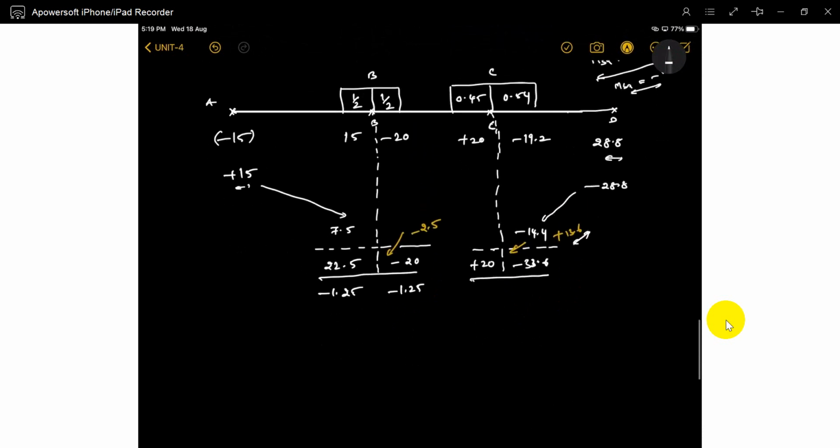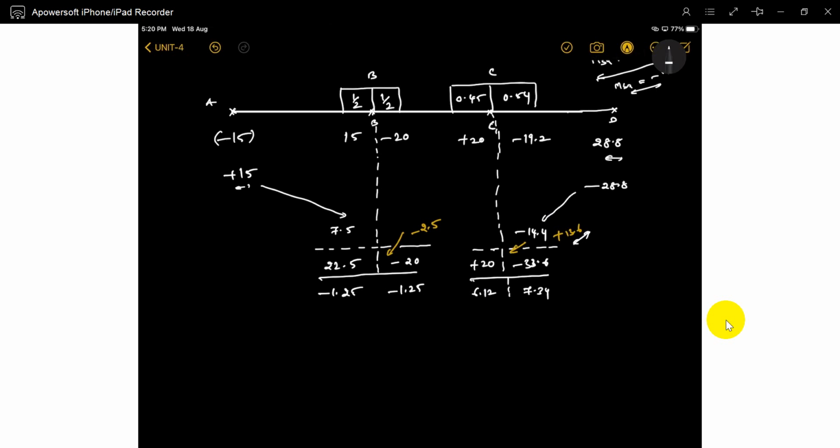You can directly write it: 13.6 multiplied by 0.45 is 6.12. The remaining value you don't need to multiply with 0.54, because 6.12 goes to this and the remainder is 7.34.